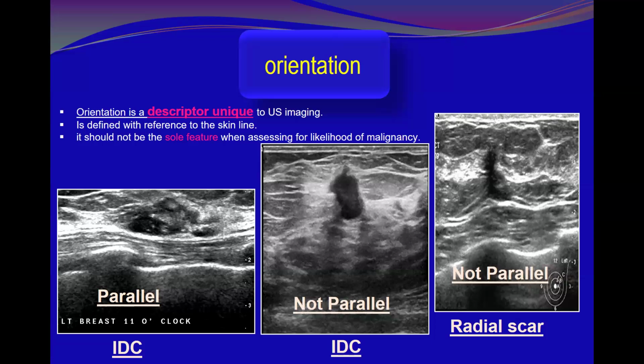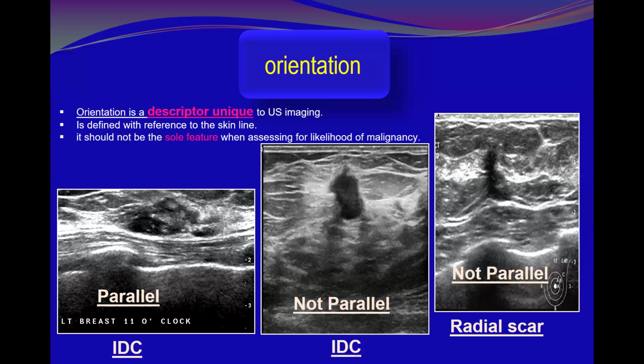Okay, let us go and describe another feature of masses on ultrasound, which is orientation. Orientation is defined with reference to the skin line, and it is a unique descriptor of ultrasound. It is a descriptor only used on ultrasound, and cannot be used on mammography or MRI.